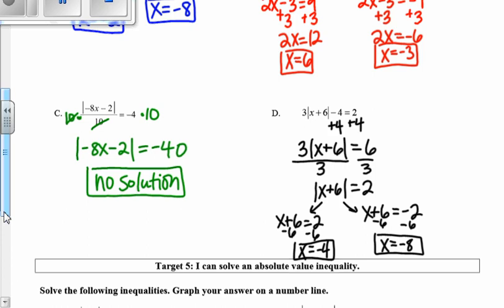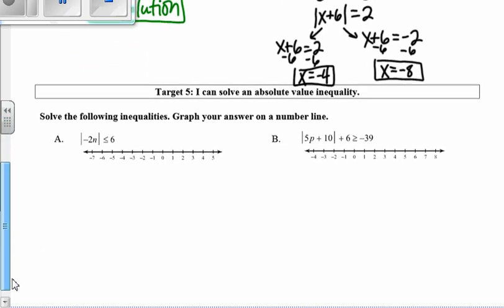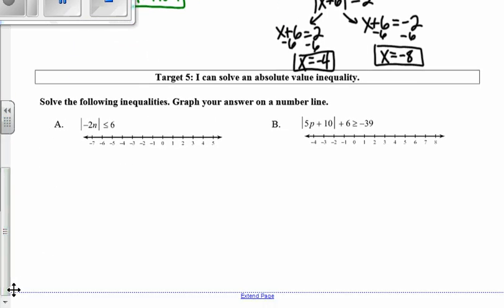So then in target 5, we're going to solve an absolute value inequality and put our answer on a number line. We're going to start off, and it's actually going to look very similar to what we were just doing. There's lots of ways to do this, but the way I start is I think about it as an equation: the absolute value of negative 2n equals 6.